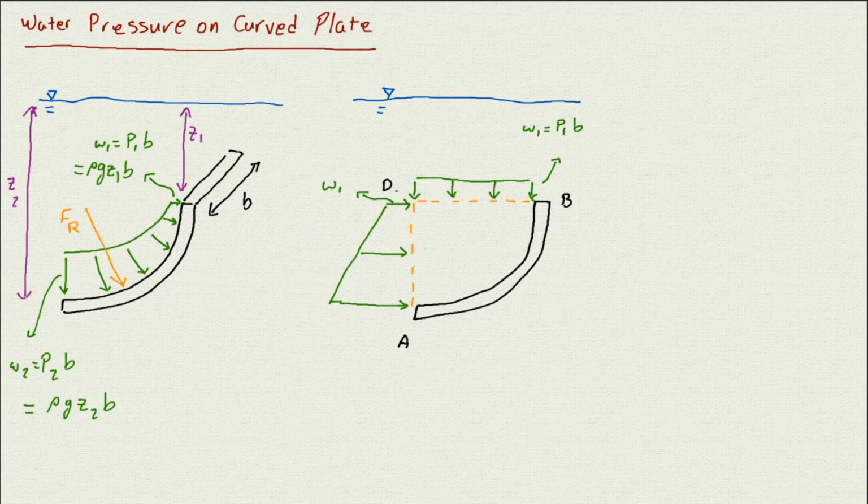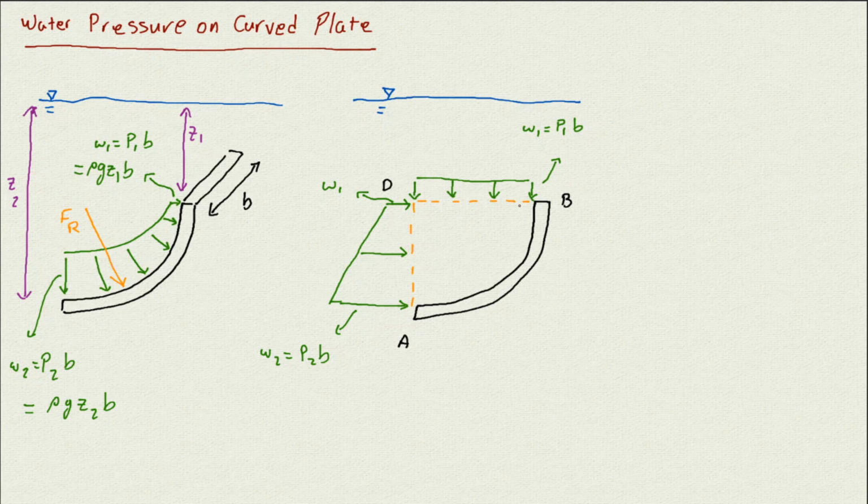So it's going to be the same because they are at the same height. So this one and this one are going to be the same. And this one is going to be W2, which is going to be P2 times B, and you can calculate it the way we have it here. And this is the horizontal force applied by the water.